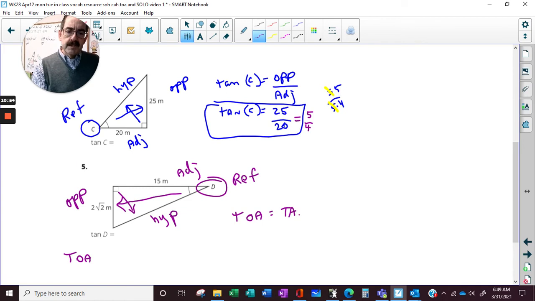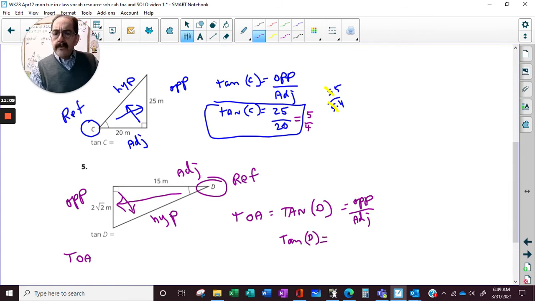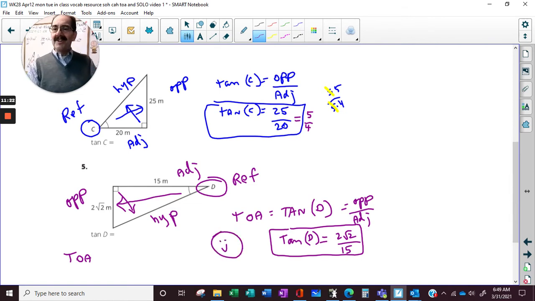The tangent of letter D, angle D, is the OPP over the ADJ. The tangent of D is 2 radical 2 over 15. Okay? There's no way to simplify the 2 and the 15. Good to go.